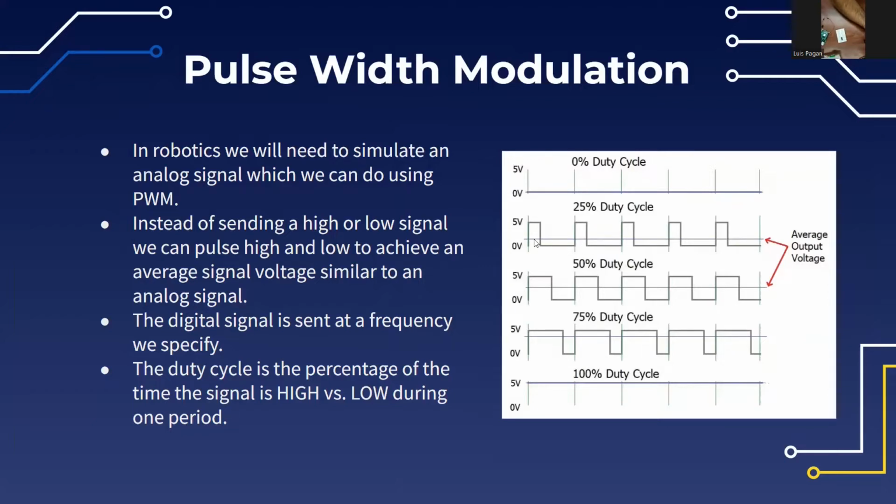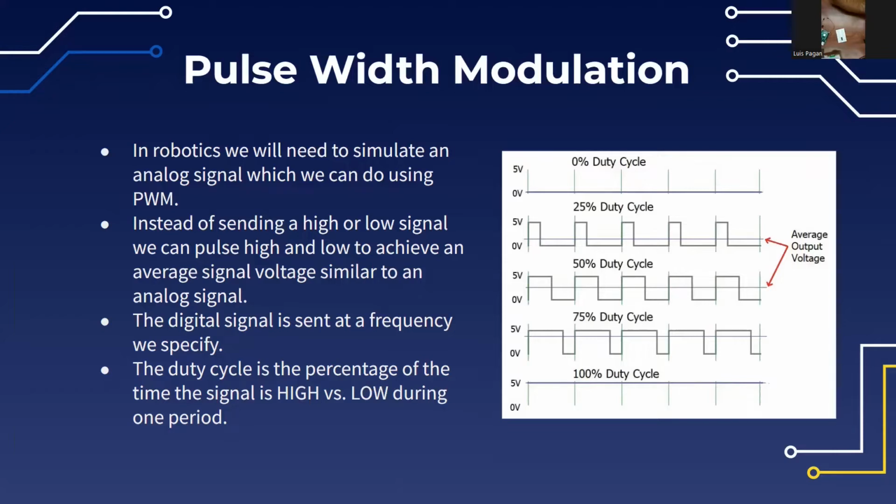Now let's say for each period of that pulse, the signal is only on for a quarter of the time. If you look at the second graph here, you'll see that the signal is on for a quarter of the whole period. What that does is simulate an average voltage. The voltage here would be, I think, 1.25 volts in this case.